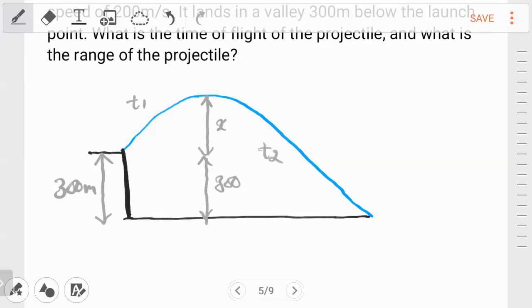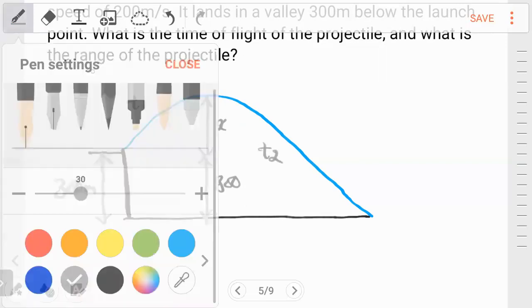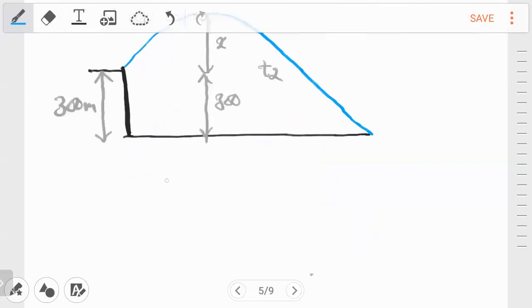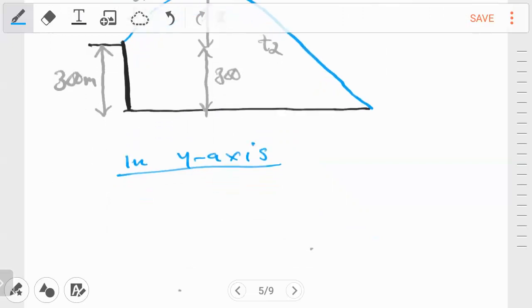The first part, we already did it. So getting T1, of course, in the y-axis. I want to get the total time, so we start in the y-axis. The velocity in the y-axis, v in y, is equal to v sine 35. I'll be a little bit quick about this since we already did this.